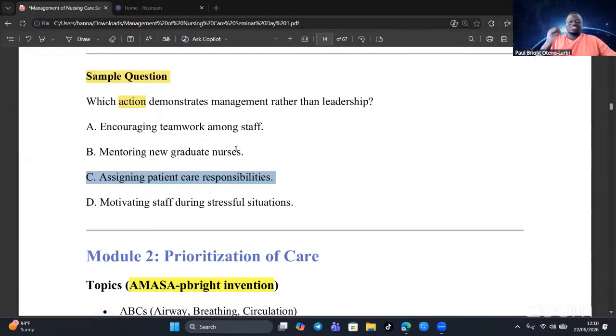But he or she doesn't care whether you are following the principles of the hospital or the principles of NMC. But the manager will teach you and make sure that you do the right thing within the scope of practice. That is it.